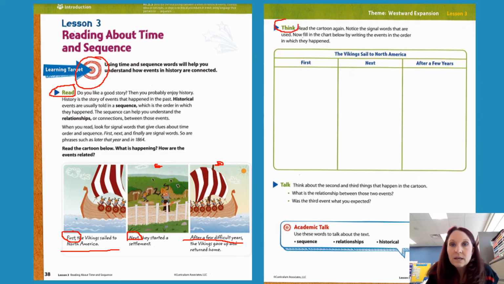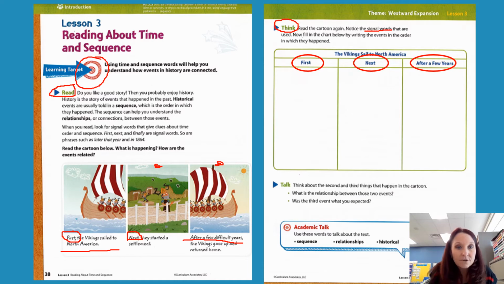Read the cartoon again. Notice the signal words that are used. Now fill in the chart below by writing the events in the order which they happened. So this is just practice for us to remember what happened first, next, and at the end. And on the chart, you can see that the signal words were already written out for us. So what we're going to do is fill in the chart with the events that happened.